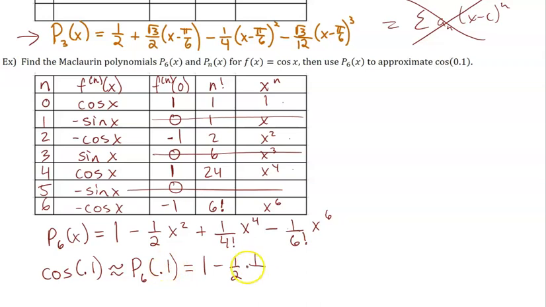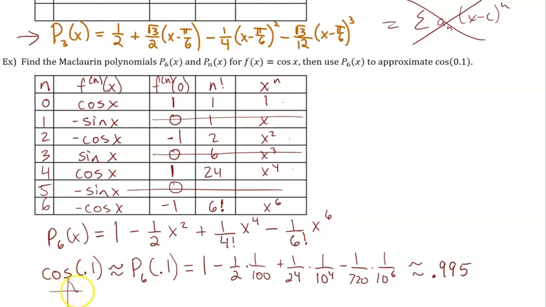So then we have 1 over 10 squared, and then plus 1 over 24 times 1 over 10 to the 4th, and then minus 1 over 720 times 1 over 10 to the 6. I'm not going to expand that by hand, and I will tell you that it comes out to be about 0.995. Let's check, does this seem reasonable? Well, I know that cosine of 0 is 1. So yes, it does seem reasonable that cosine of 0.1 is very close to 1. So looks good to me.